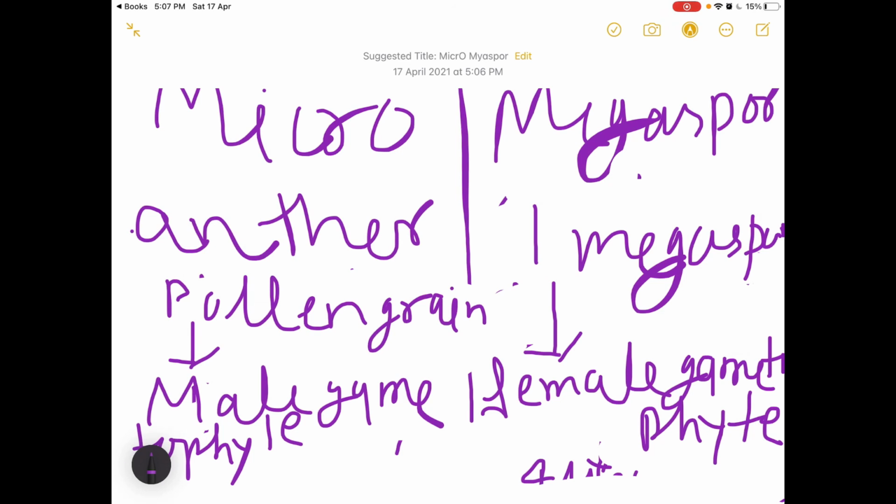Pollen grain is male gametophyte. What is female gametophyte? Functional megaspore. One functional megaspore is a female gametophyte.